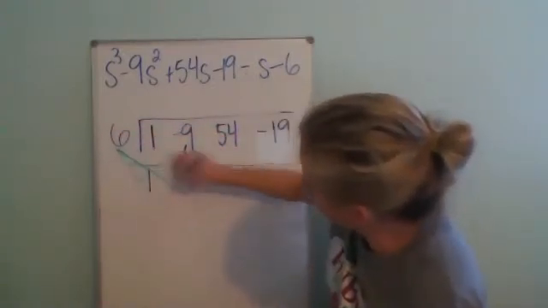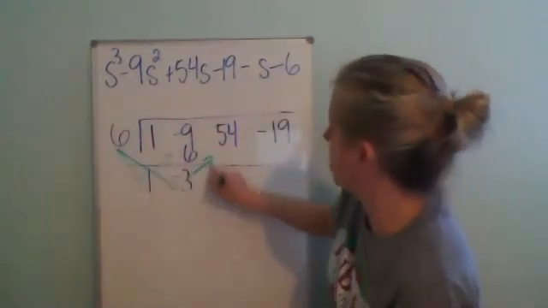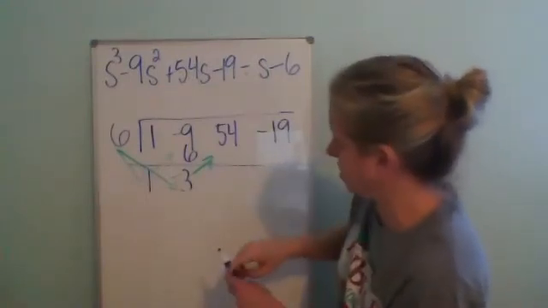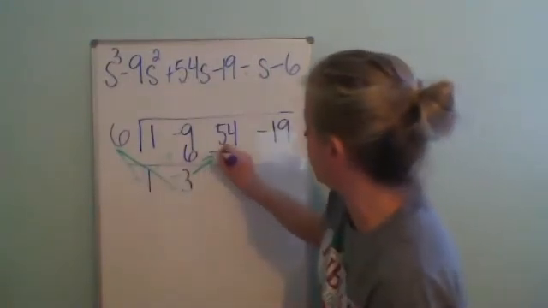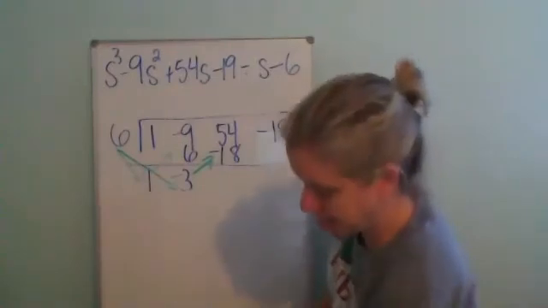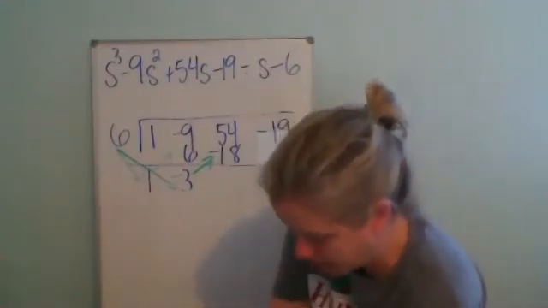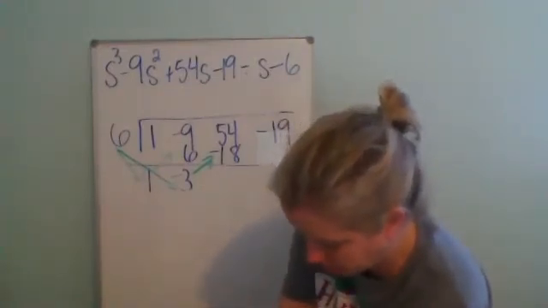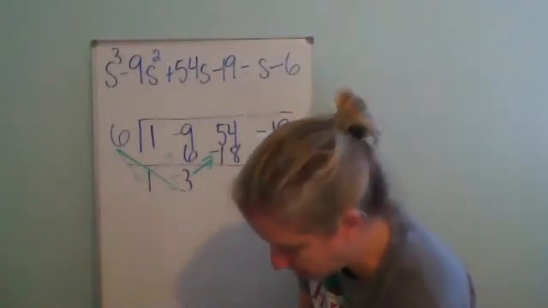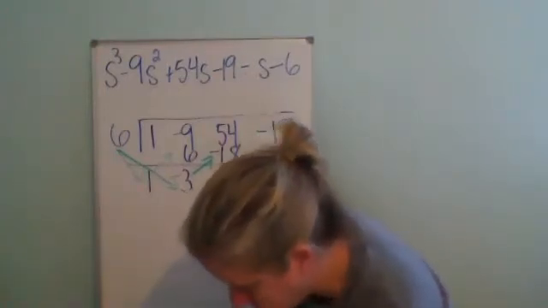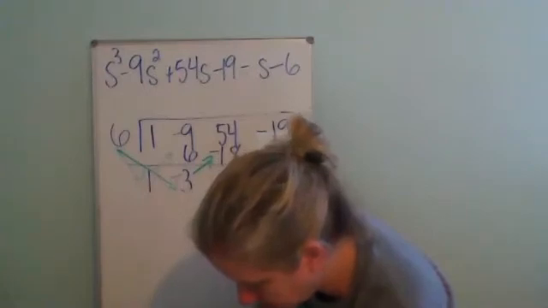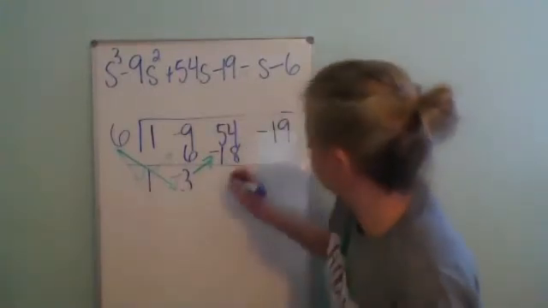And then start over with your multiplying. 6 times -3. Put your answer under the 54. 6 times -3 is -18. So what's that? 54 minus 18. I'm gonna punch it in my calculator so I don't make a simple mistake on a problem like this. Gives me 36.